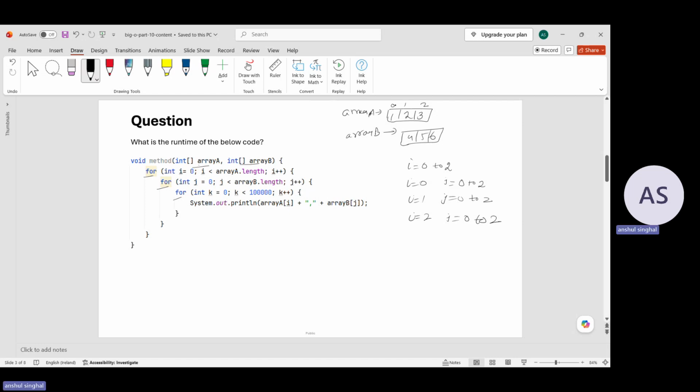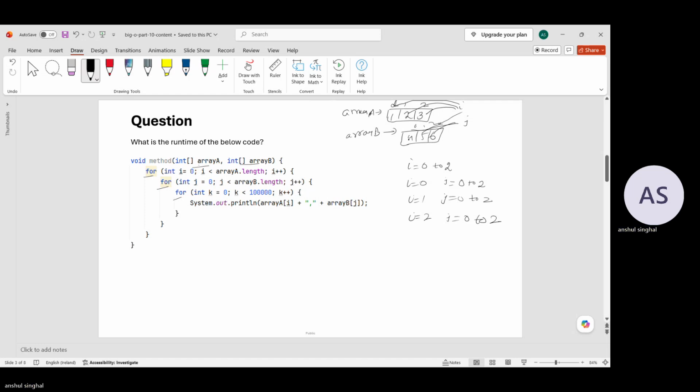First time when i is pointing to this, j goes from here to here to here. Again, when i goes to the next one, j follows the same pattern of 0, 1, 2. When i becomes 2, j becomes again 0, 1, 2.